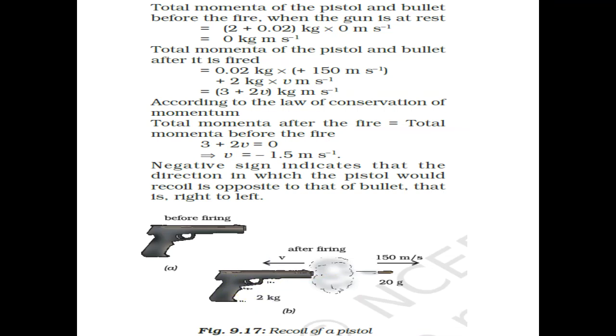These things have been given to us: the mass of the gun is 2 kg, the mass of the bullet is 20 gram, and the velocity of the bullet is 150 meter per second, and we have to find the recoil velocity of the gun. Recoil velocity means the velocity with which the gun moves in the backward direction.